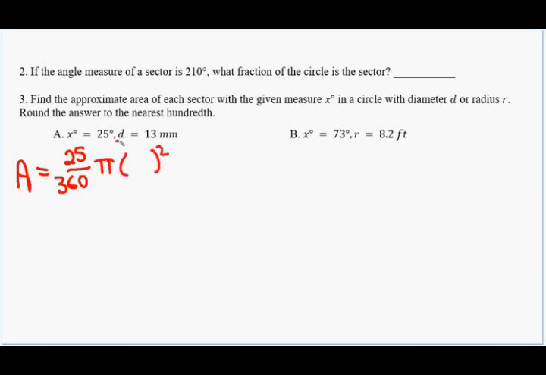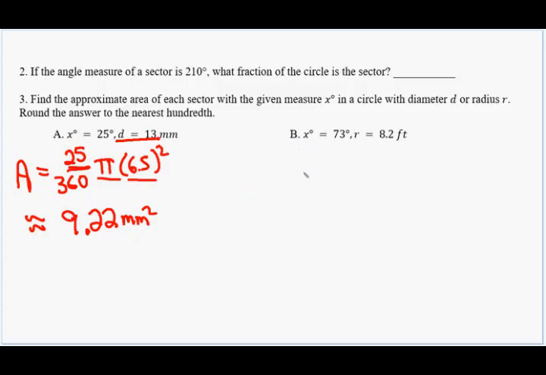Here they gave us the diameter is 13. Half of 13 is 6.5. So you punch that in, square the 6.5 times pi times 25, divide by 360. You should get the area is about 9.22. Our units are millimeters, and they will be squared.